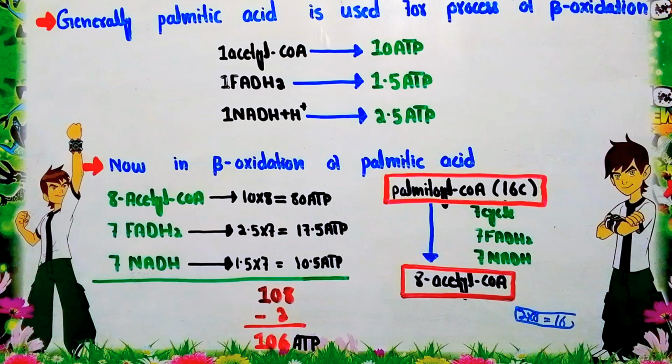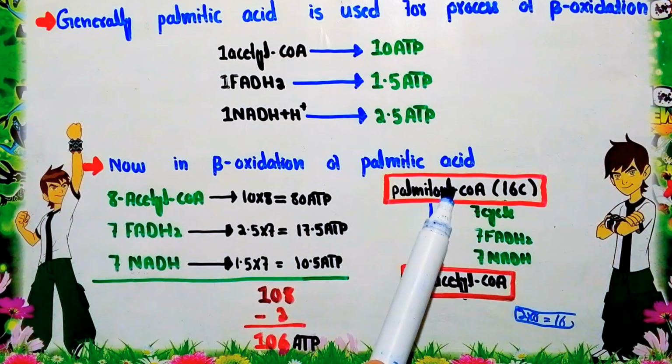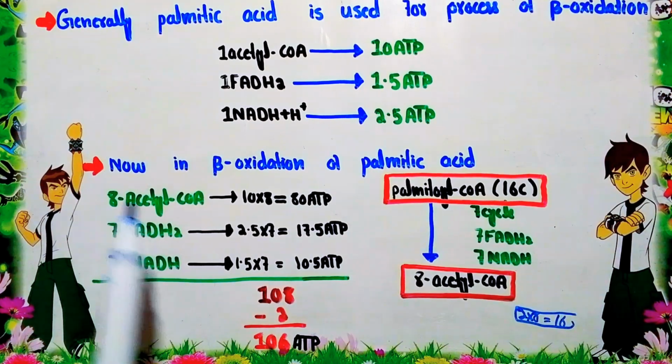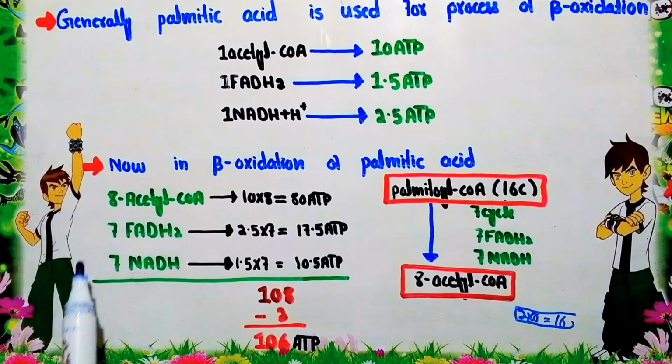So these are the products produced in the beta oxidation of palmitic acid: 8 molecules of acetyl coenzyme A, 7 FADH2 and 7 NADH.